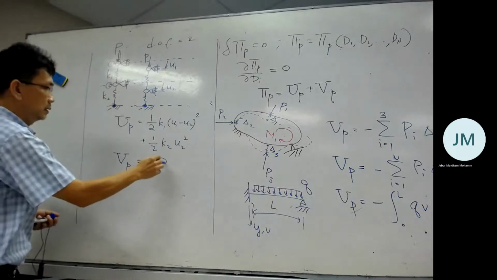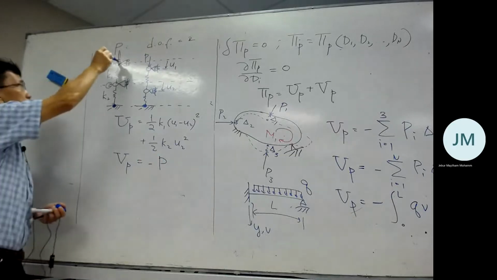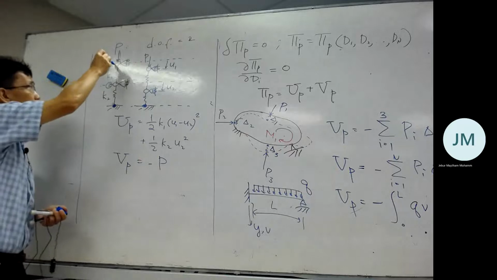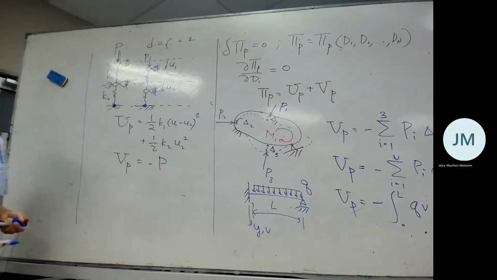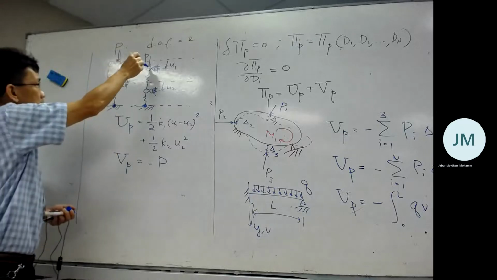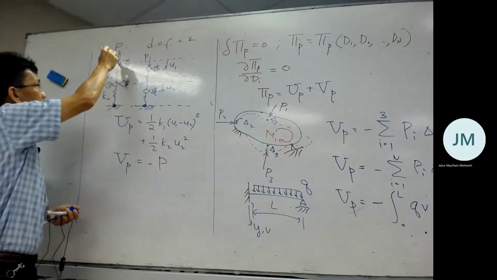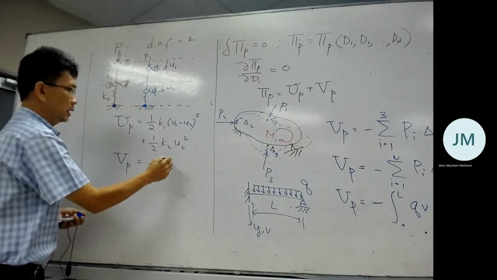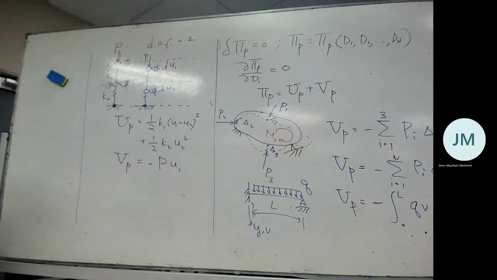So we have P multiplied by the corresponding displacement where this P is acting, which is U1, in the direction of P. So you get minus P U1.